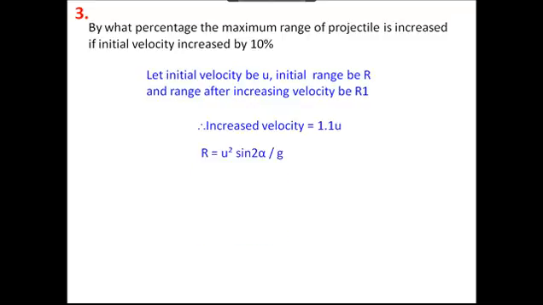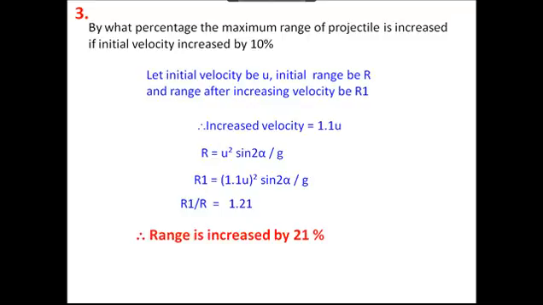And all you do is write this equation for initial velocity u and alpha, and again write this equation for range R1, where in place of u, you're going to substitute 1.1u, that is 10% increased u. Take the ratio. Ratio comes to 1.21, that is range is increased by 21%, and that's what was asked.